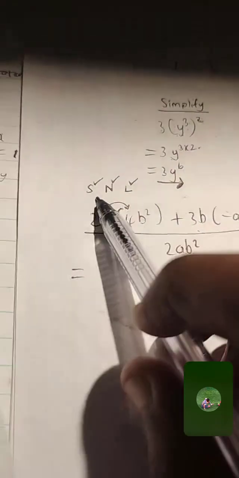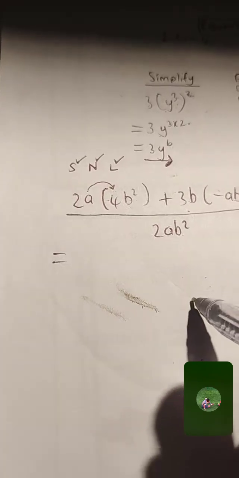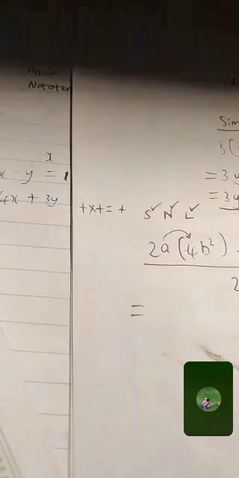That's why, see, S means sign. Now we are going to multiply 2a with 4b squared. A positive sign times another positive sign gives us what kind of sign? Plus sign.